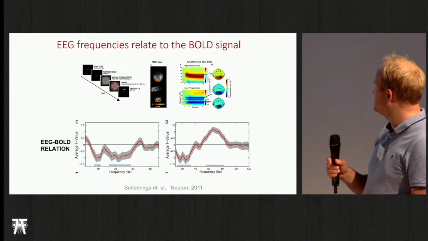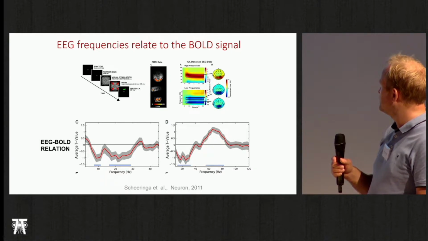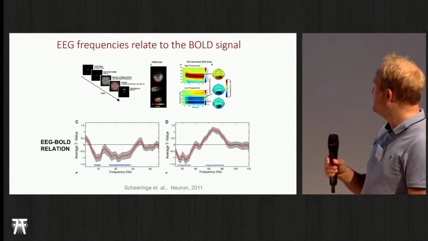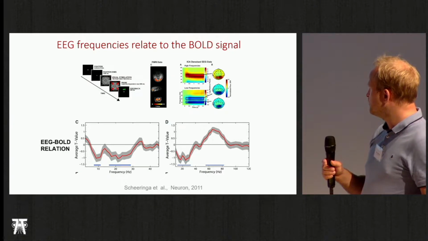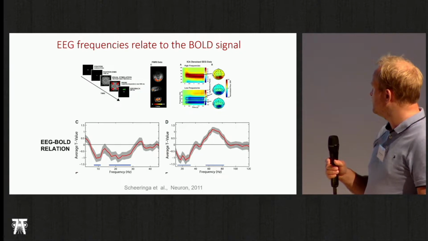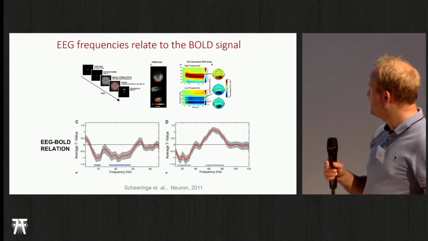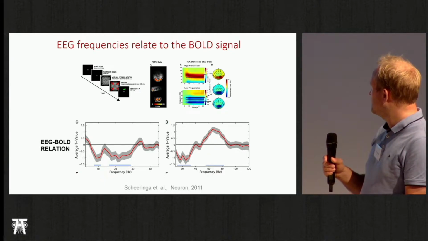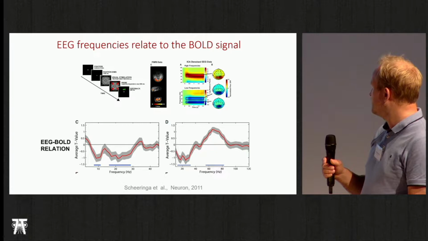As you can see, this task gives you decreases around 10 and 20 hertz in the alpha and beta bands, and an increase in the gamma band, 60 to 80 hertz. If you look at the EEG BOLD relationship, we find correlations deviating from zero specifically at these frequencies, with negative correlations for the alpha and beta bands, and positive correlations for the gamma band.